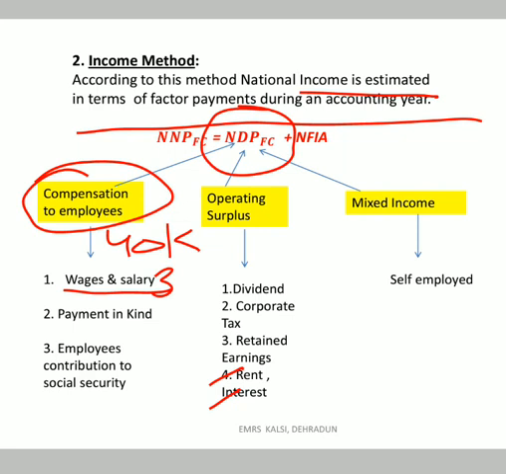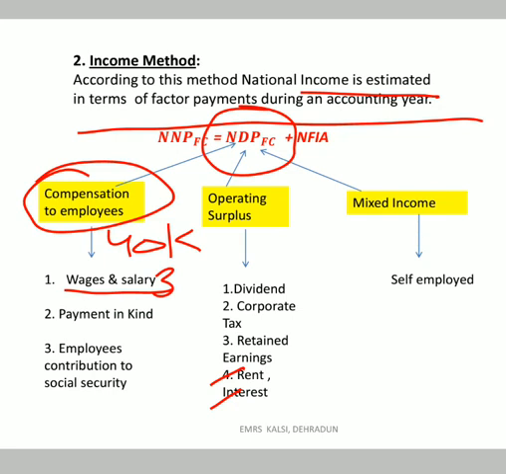Operating surplus is the income of the businessman, the person who is running a company. Mixed income covers small owners, not a company but a shop, a self-employed person.